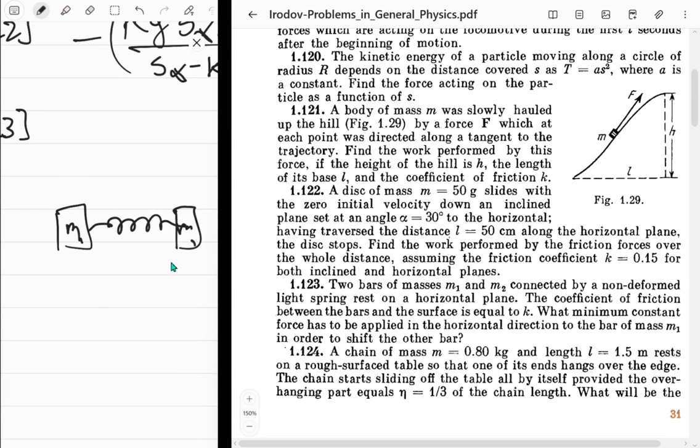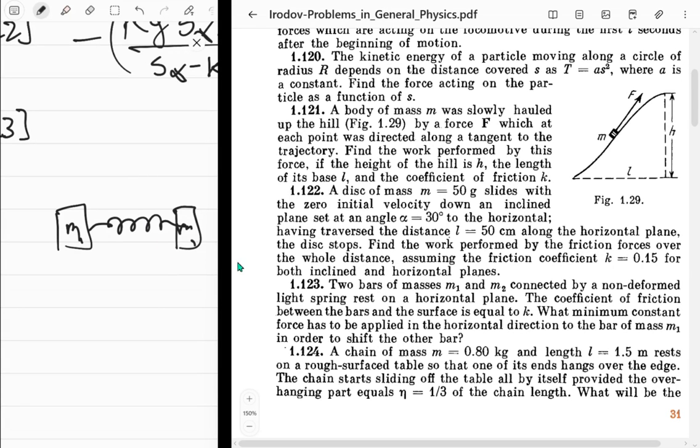It's a constant force that you have to apply. Minimum constant force, of course. But then what would that be? Come on, think.